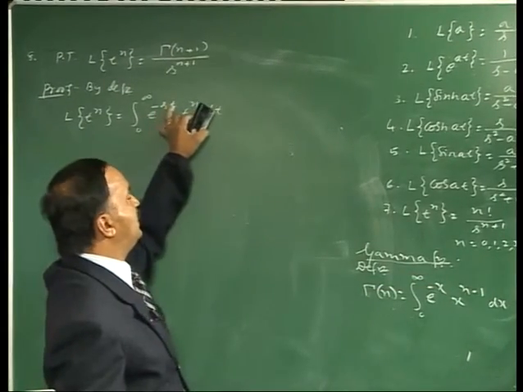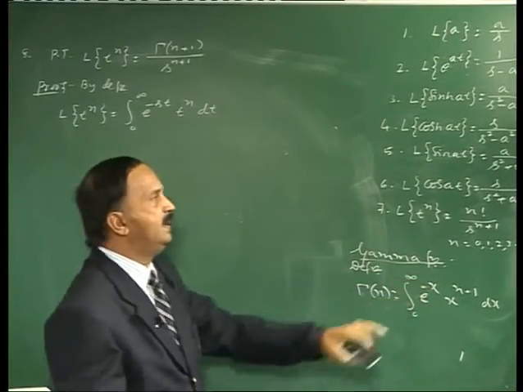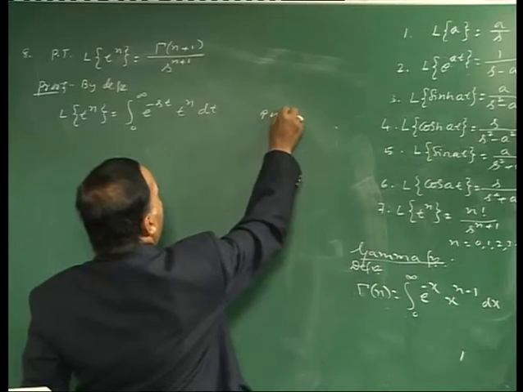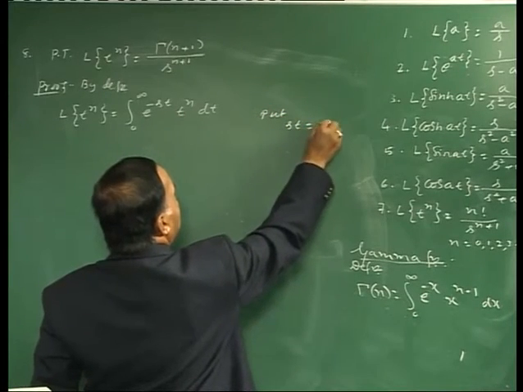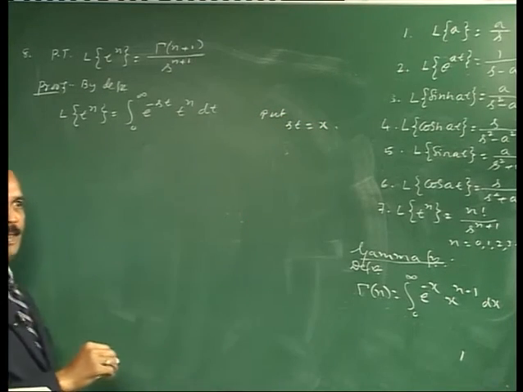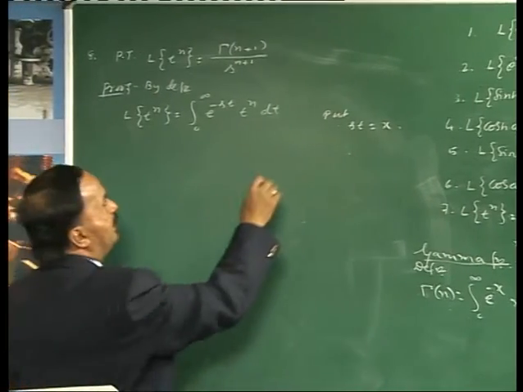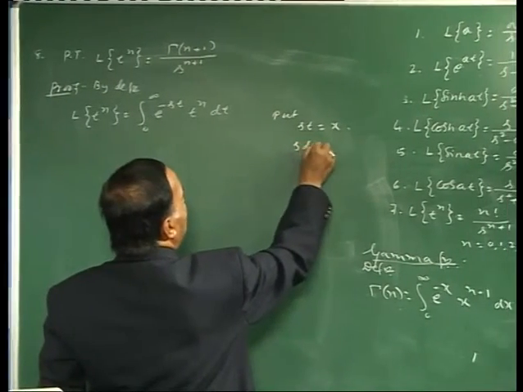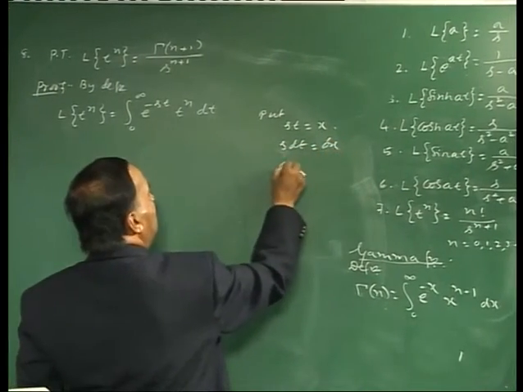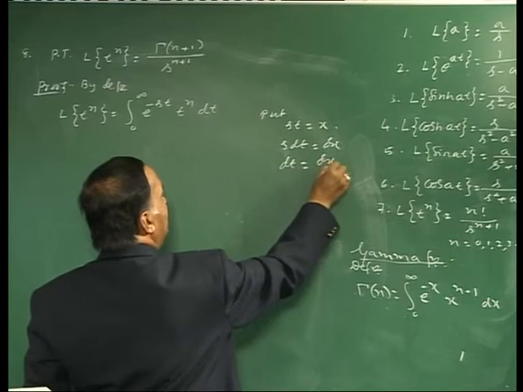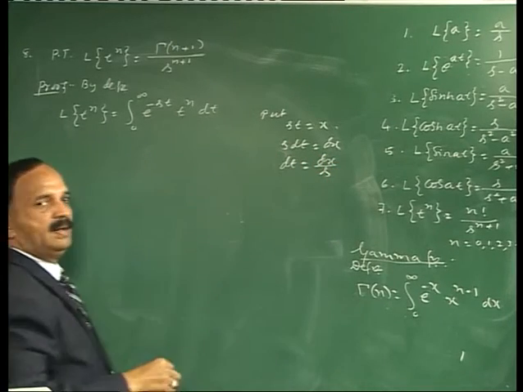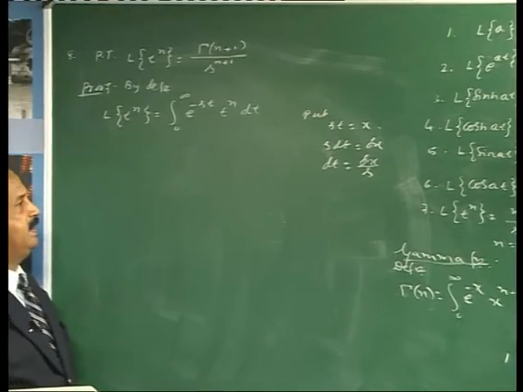So put s into t is equal to x. Then, differentiating, we get s into dt is equal to dx. Therefore dt is equal to dx by s.